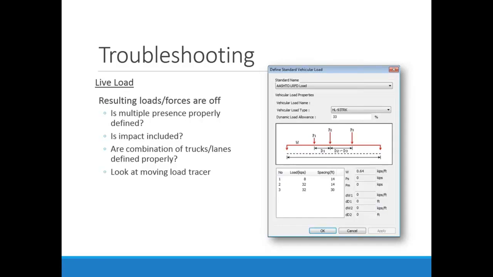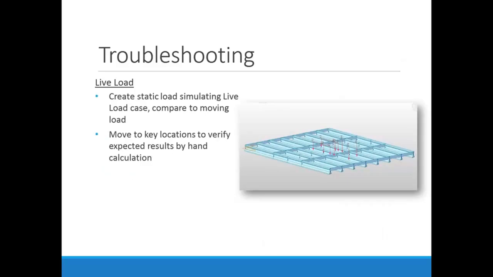So just make sure that's defined properly. You can manually define your impact. Is that properly defined? Are the combinations of your trucks with your lanes defined properly? There's a couple ways to define it, whether they're combined or independent of one another, so look at that. And then, as always, look at the moving load tracer. Make sure that the moving load is moving as you anticipated.